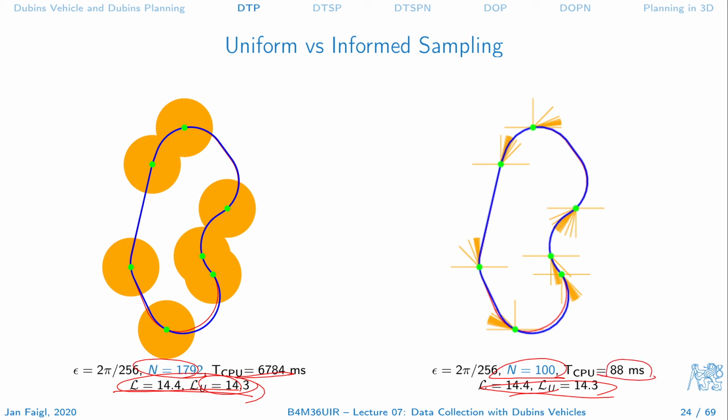So if we know that we need to use some particular number of samples, this is okay. Probably it will not take 7 seconds, but we usually don't know that because it depends on the mutual distance and so on. So this is a very intuitive way how we can inform the refinement, the sampling, using the lower bound.